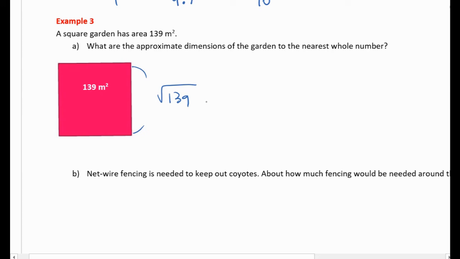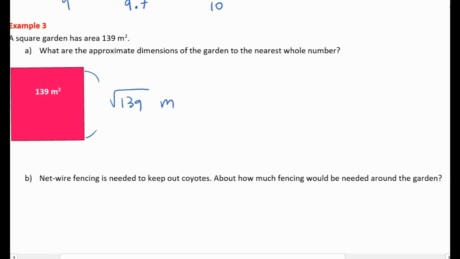Square root of 139. And let's find the closest whole number, everyone. So to do that, like we did before, you have to find the smaller perfect square and the larger perfect square. So I want you to pause the video and try this question by yourself. Find the smaller perfect square and larger perfect square. Alright?